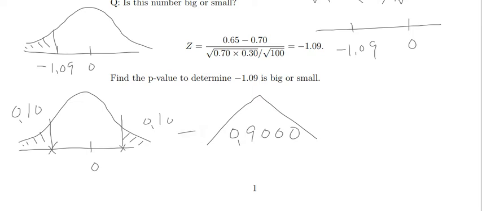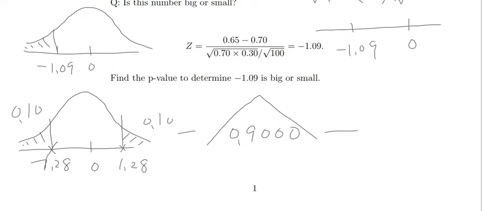Okay. So from the z table, I believe this cutoff point should be 1.28, right? I think this is 1.28. Okay, so this is negative 1.28.